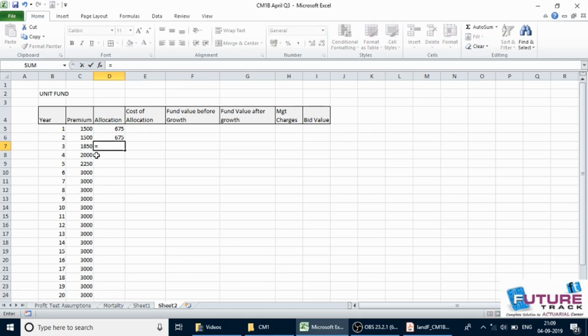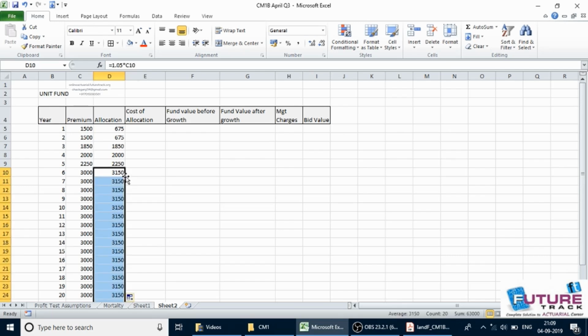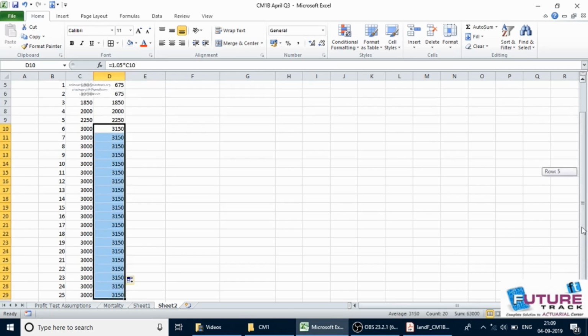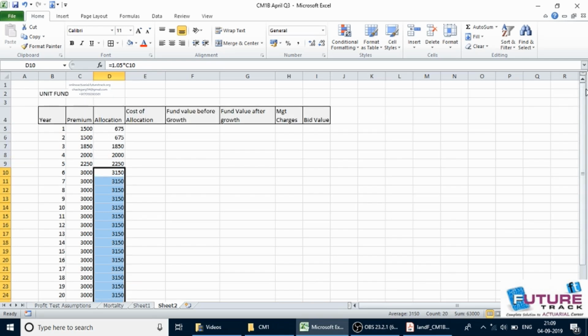Third year we have 100%. Fourth year we have 100%. Fifth year we have 100%. And after that we have 105% class. So 1.05 of this. Fine. Double click this. So we get the allocation for the whole year.